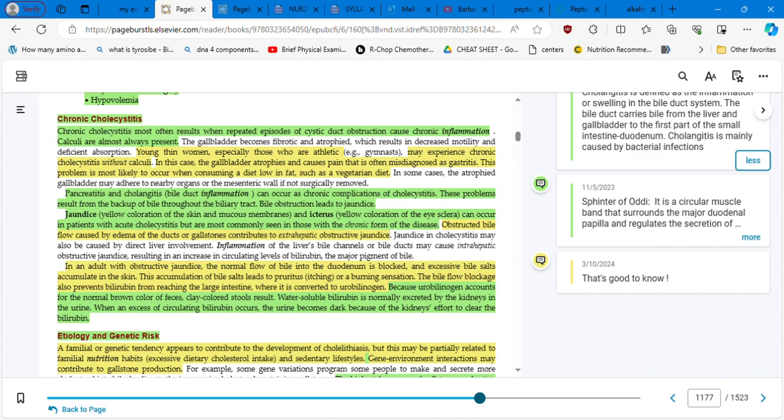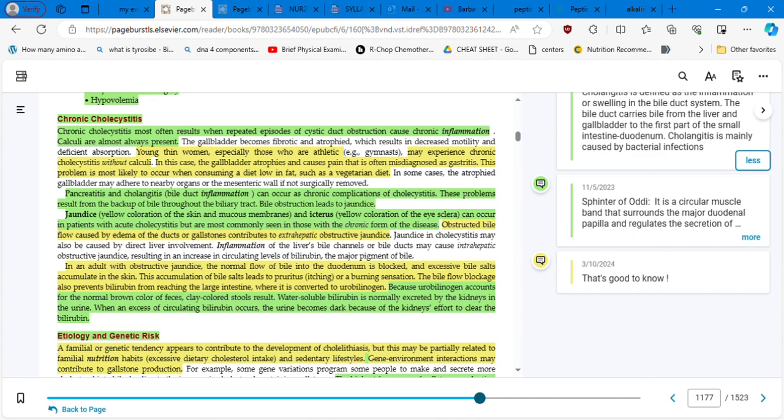And there is an obstruction in a bile duct and common bile duct, and then the patient resolves the cholecystitis by correcting the diet and treating the pain. Then the person has a recurrence, goes back to normal, and then another recurrence. So this becomes chronic.